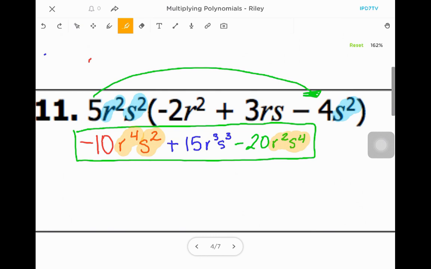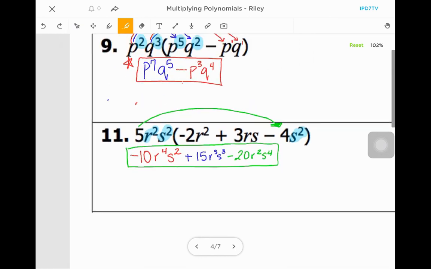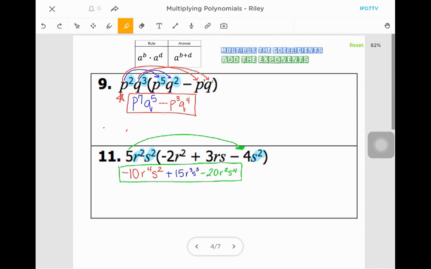We can't add the negative 10 and the negative 20 together because those endings are not actually the same. So be careful. All right, those are a little bit more tricky. I would just be careful and say, if you don't see anything that can add, just stick it to the end and then keep going.